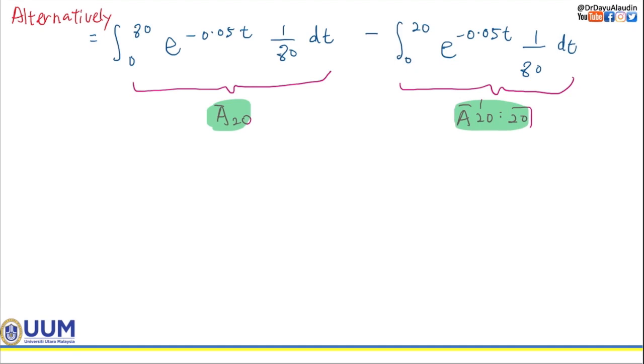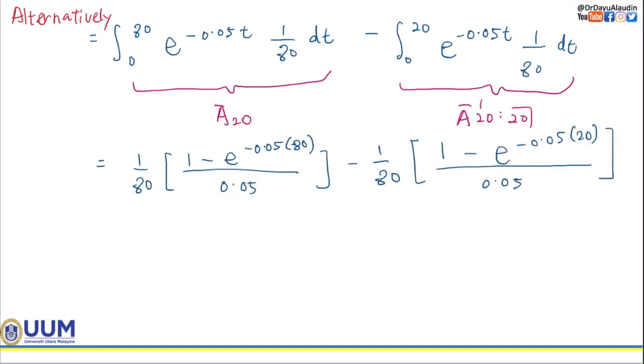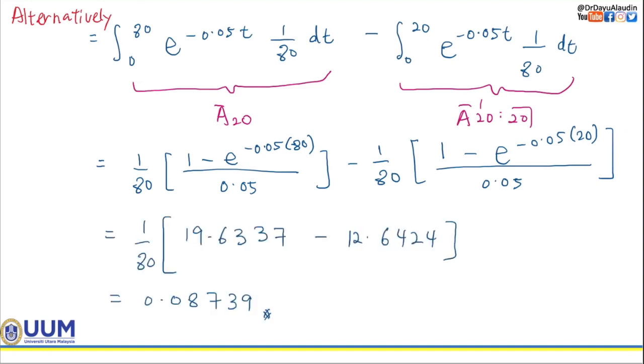First we find the value for whole life insurance, then we find the NSP for term insurance. We solve the integration, substitute the values, and we get 0.08739, the same as the first method's answer.